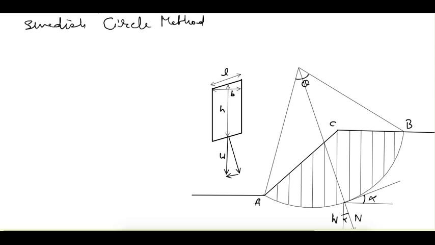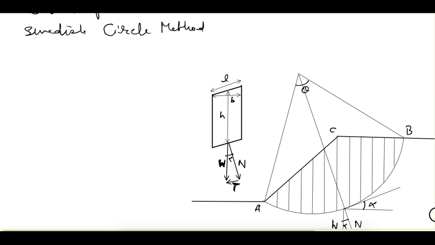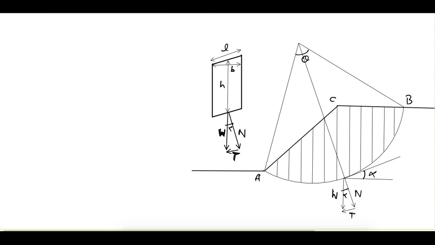So the vertical component, or this weight, will be acting downwards, and this angle is alpha. So this is the normal component and this is the tangential component. Why can we not simply take the weight like we did in the last method and find the resisting moment and disturbing moment?